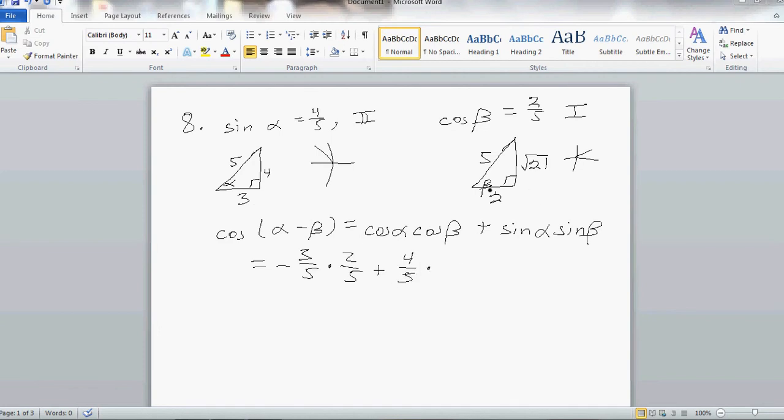And the sine of beta, quadrant 1, everything's positive, sine of beta is root 21 over 5. Simplifying, we get negative 6/25 plus 4 root 21 over 25, and combining this into one fraction, 4 root 21 minus 6 all over 25.